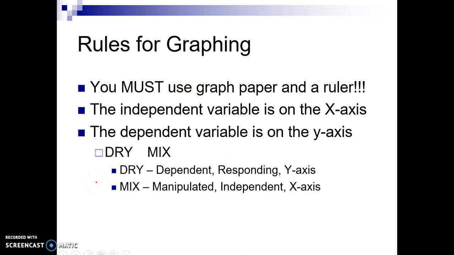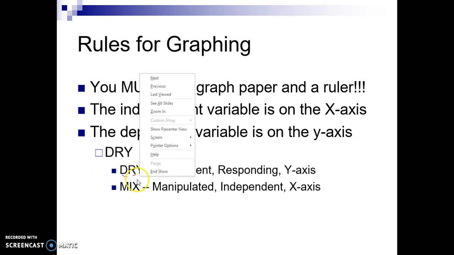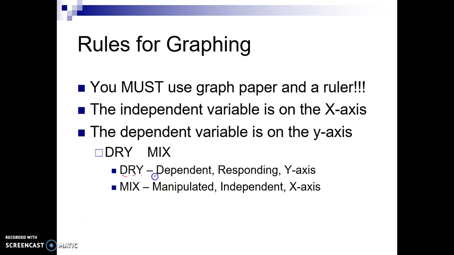So what's that? It's an acronym: D, R, Y. D stands for dependent, R for responding, and it goes on the y-axis. So it's easy to remember, dependent goes on the y-axis and independent goes on the x-axis.